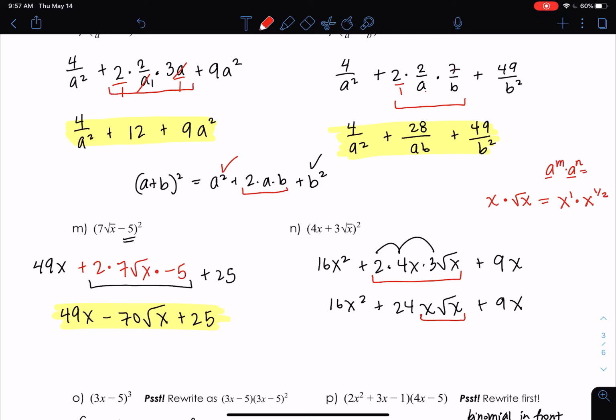So this would become a to the m plus n. So this is going to become x to the 1 plus 1/2, which is x to the 3/2. And that's what we're actually going to write here. So our final answer is 16x squared plus 24x to the 3/2 plus 9x, because our exponent rules can apply. And none of our exponents are the same, so we're done. We have no like terms to combine.